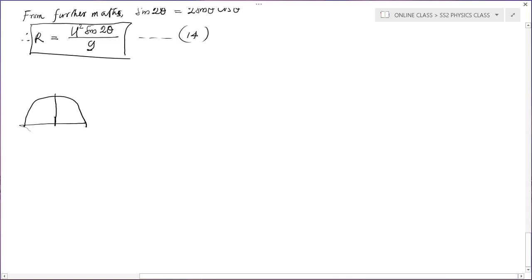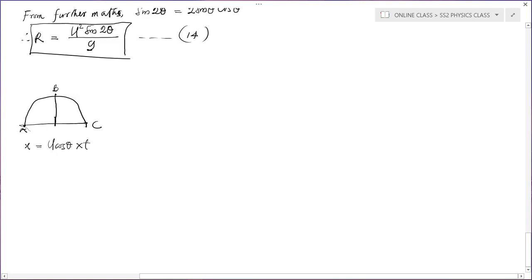It's either moving from point A to B, or from point B to C. So this is what we call half flight. Is that okay? Now from there, our s, x is what we use, is equal to u cos theta times small letter t.